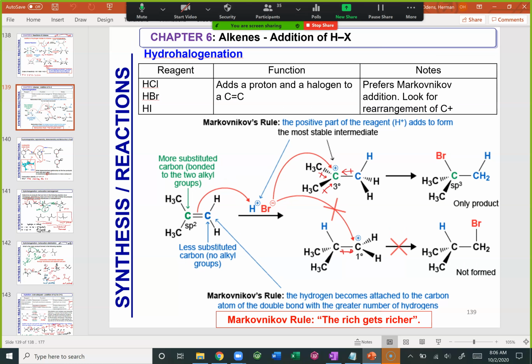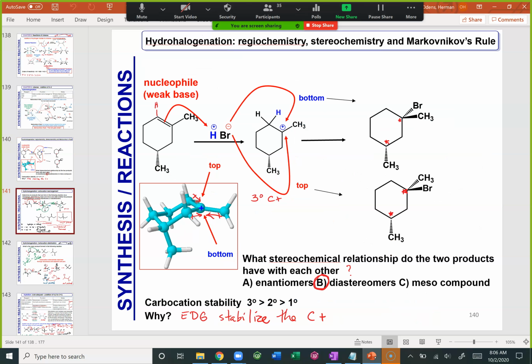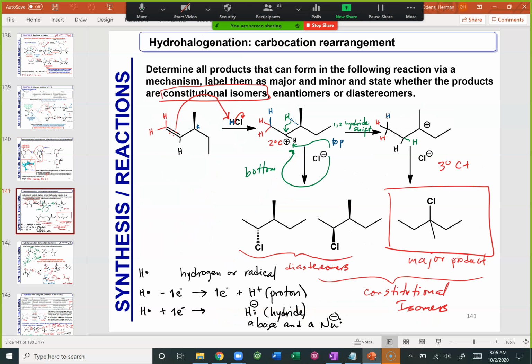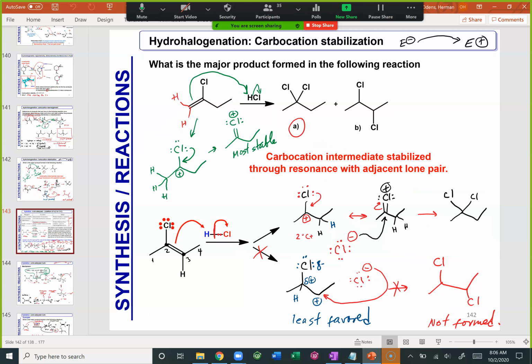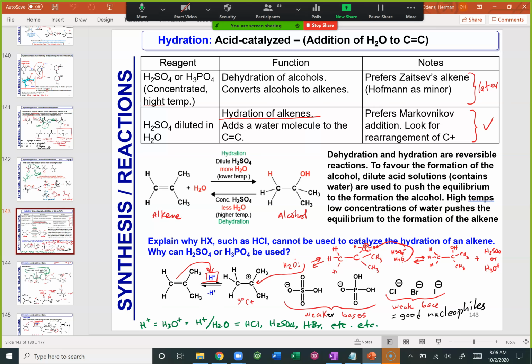For hydrohalogenation, you do get carbocation rearrangements. I spent a lot of time here. And then the next one is hydration. With hydration, you do get carbocation rearrangements also.